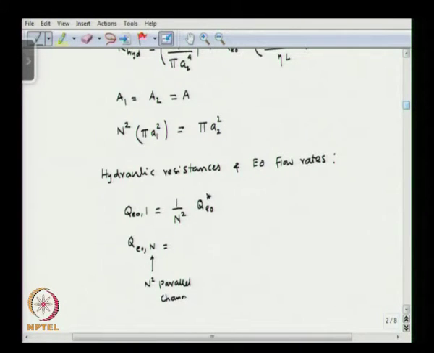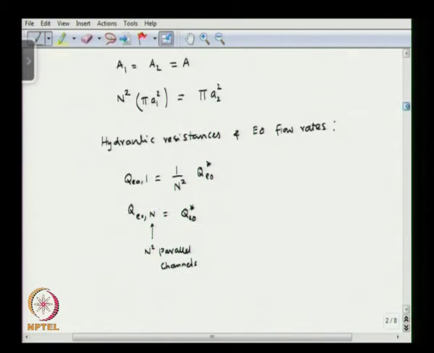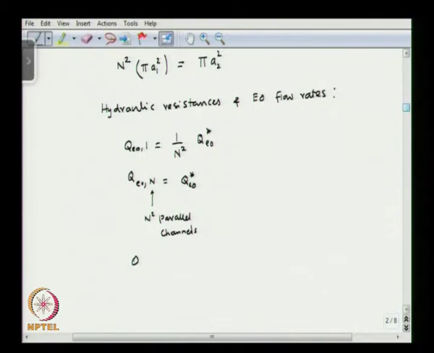We have n square parallel channels present in part 1 of the network, so Q EO n would be Q EO star. And the electroosmotic flow rate in part 2 will be equal to minus Q EO star. The negative sign, as we discussed earlier, is because of the direction of the electric field.